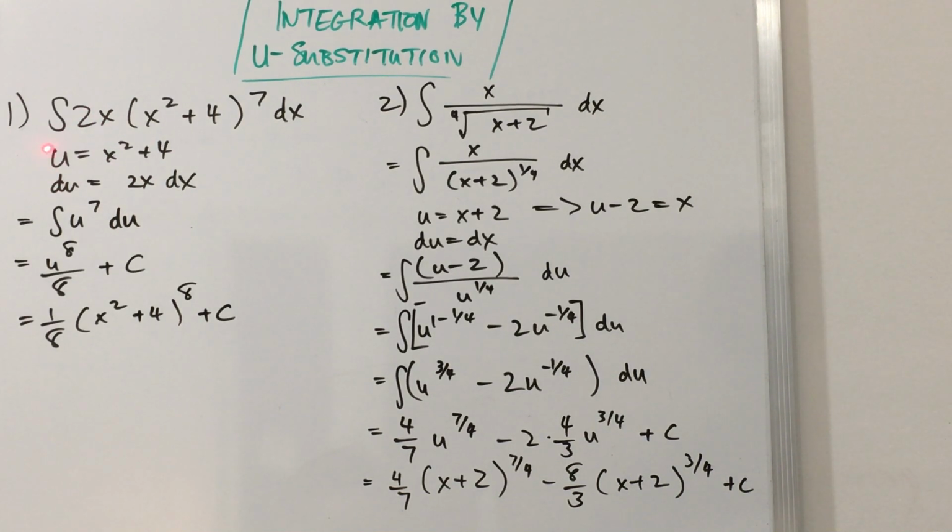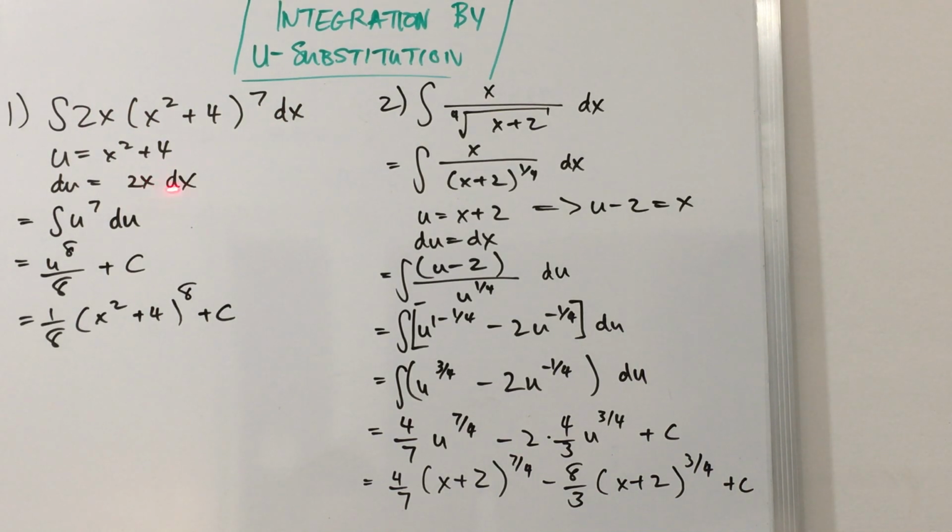So when you do a substitution, you have to think what blob over here, when you take the derivative, would result in this part, this 2x dx.